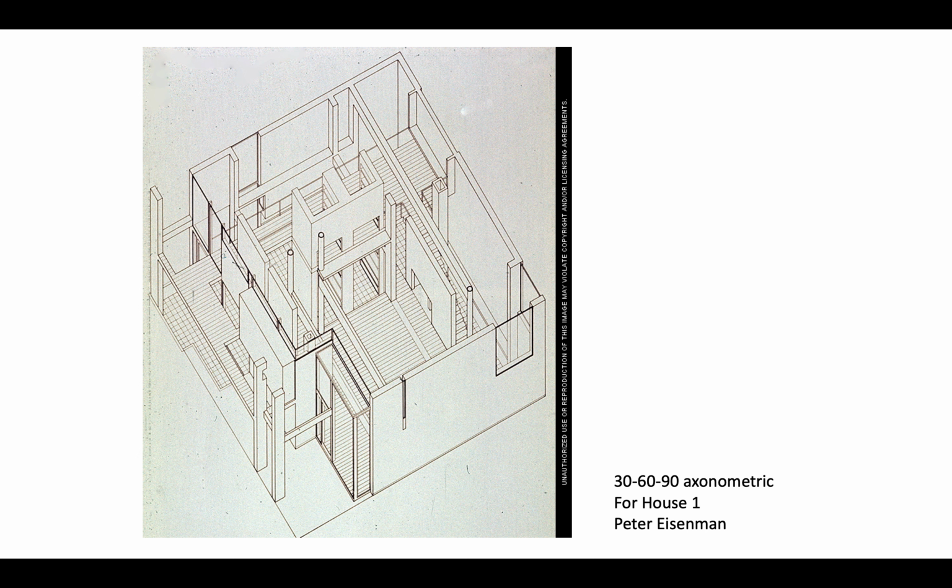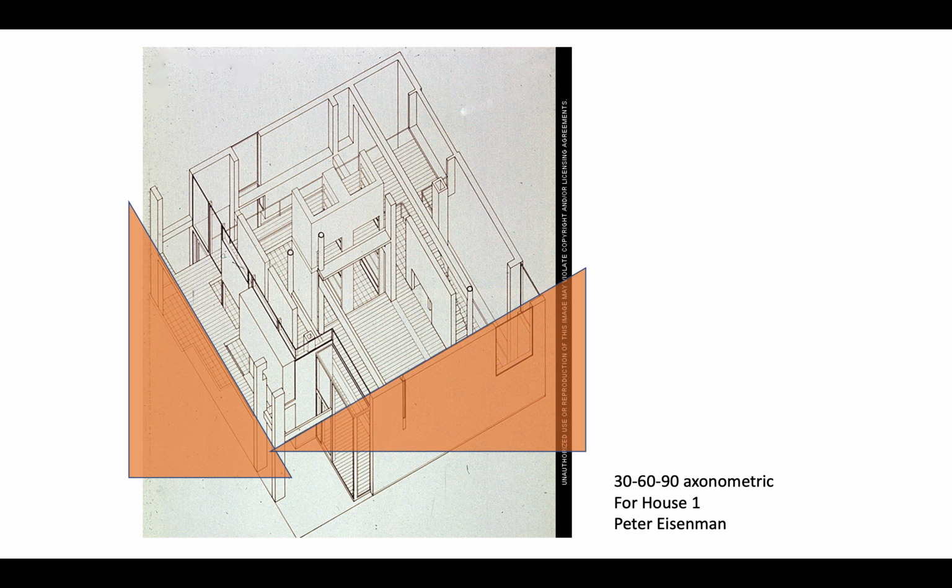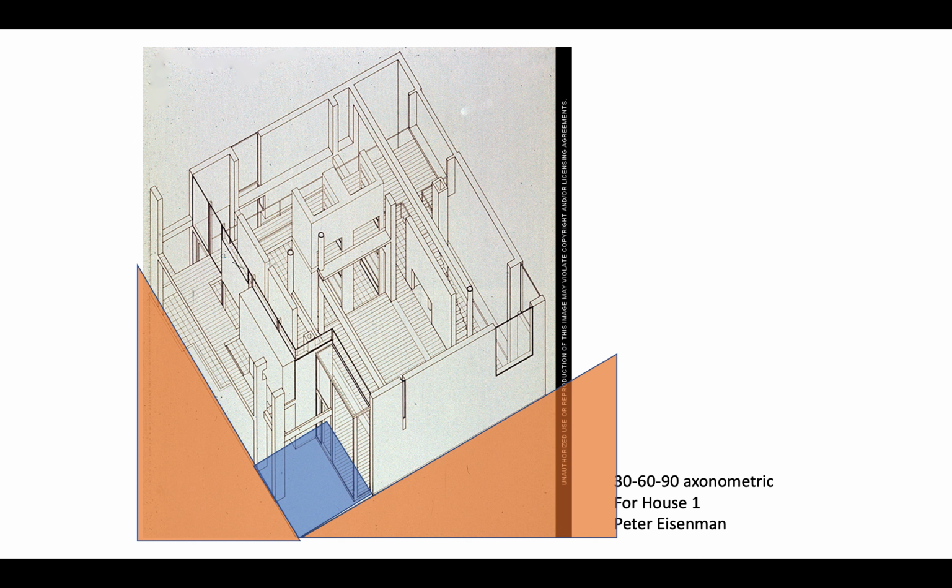So some really beautiful drawings from this particular era of 20th century architecture. Again, 30, 60, 90 degree triangles set up on two sides, and then the square corner in the middle allows this view to allow us to see the house in this particular way.